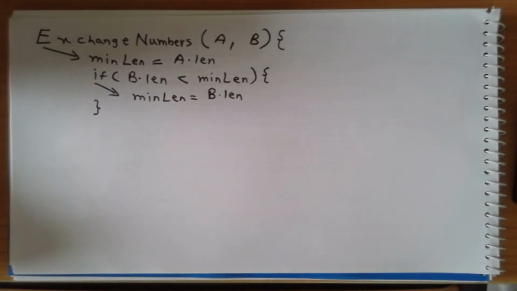Again, I will give you some time. Now what we have to do is go through both the arrays one by one, and exchange the numbers. I'll give you some time to think what we should do next.